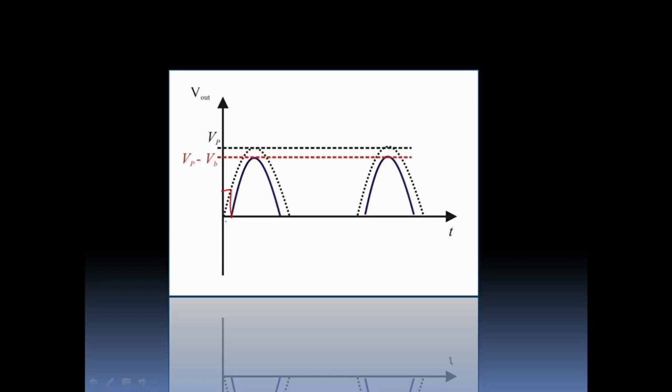But this time difference is negligibly small because our AC frequency is 50 Hz. That means there will be 50 complete cycles in 1 second. Therefore, the duration per cycle is 1 over 50th of a second.